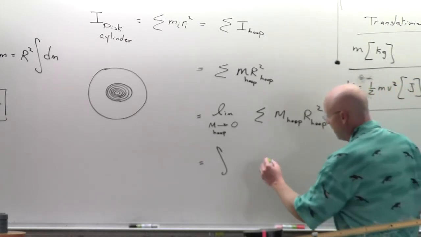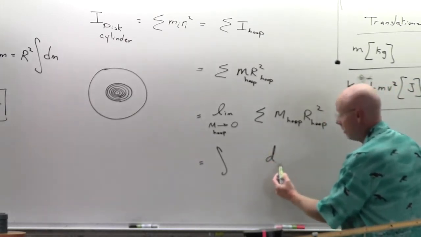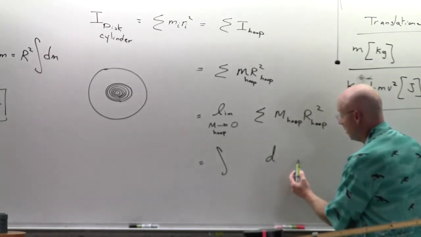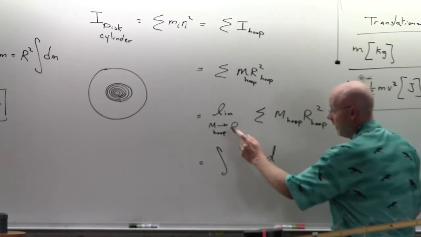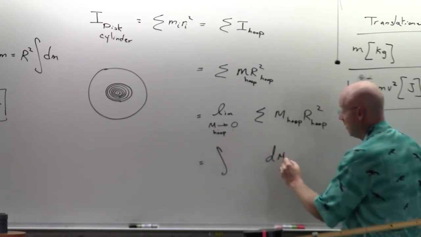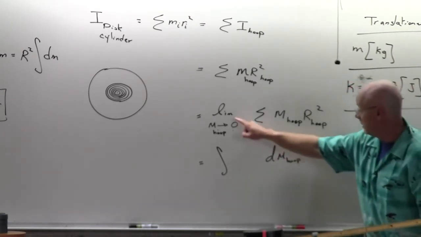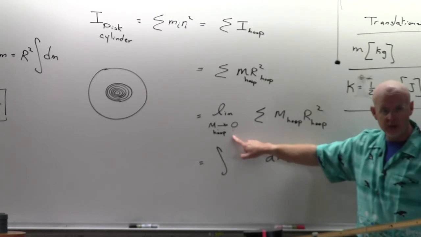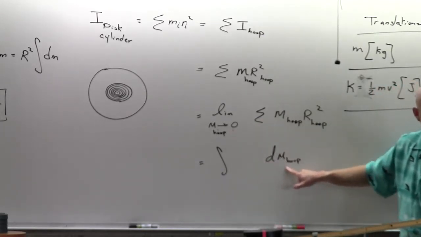And I guess what I'm really after is d what? What would go here? Well, what's going to 0? Isn't the thing that goes to 0 the important piece of what is infinitesimally thin?